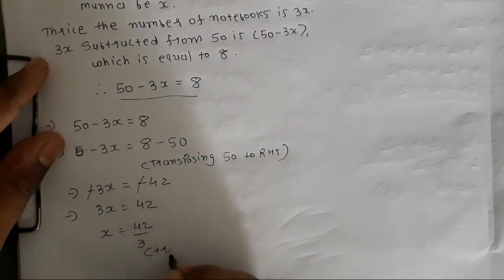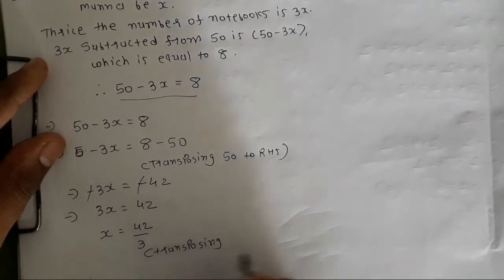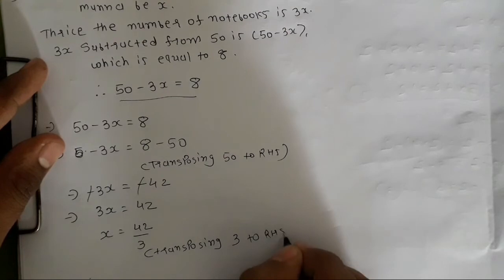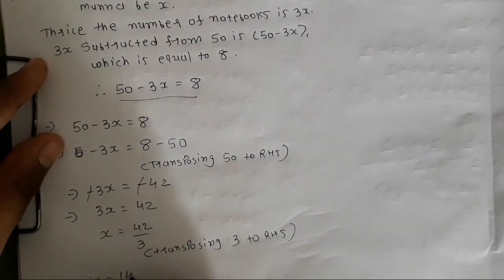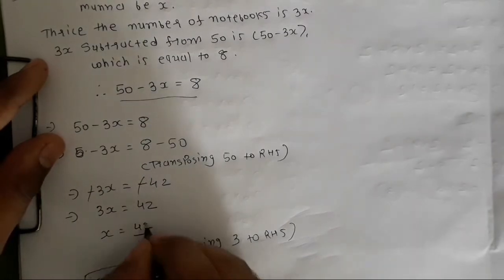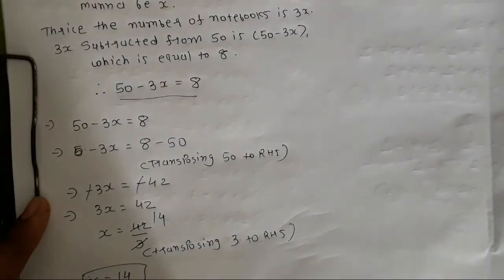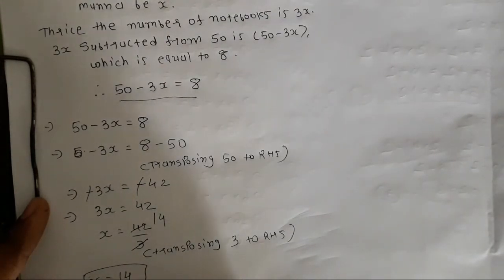Here we can write transposing 3 to RHS. Now x is equal to 42 divided by 3. We all know 14 3s are 42. So here we can write 14 is the required number.